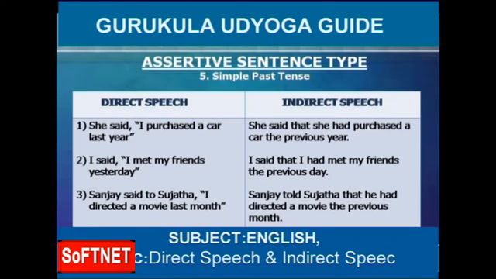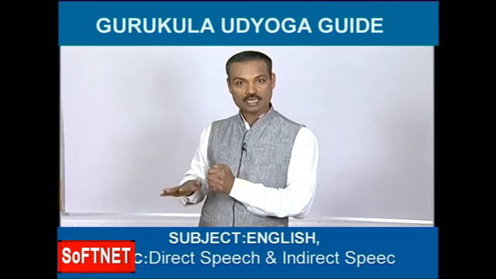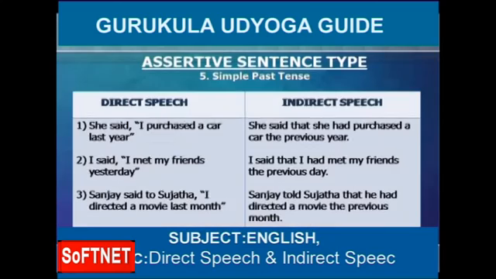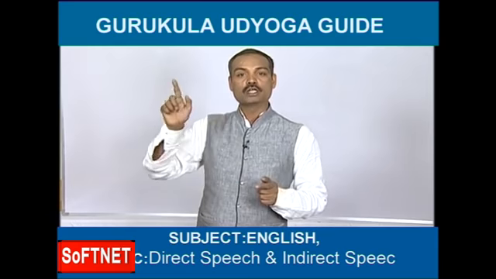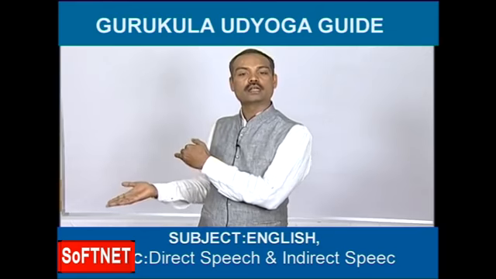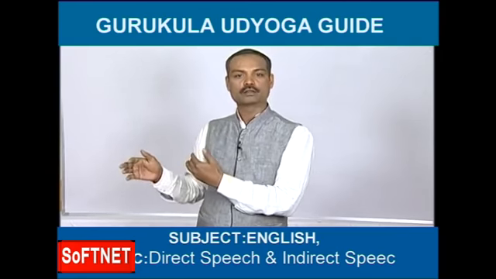Friends, what did Sanjay tell Sujata? Sanjay told Sujata that he had directed a movie the previous month. This is the answer, because that is simple past, no? That should be changed into past perfect.